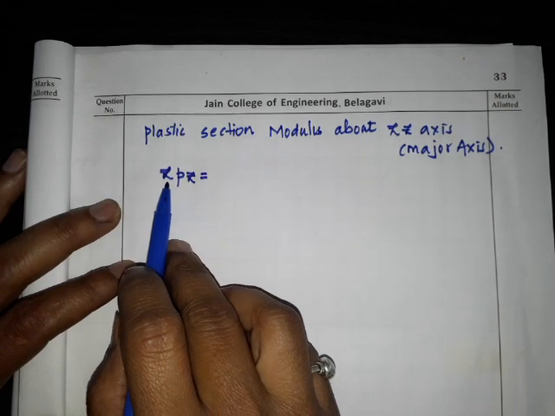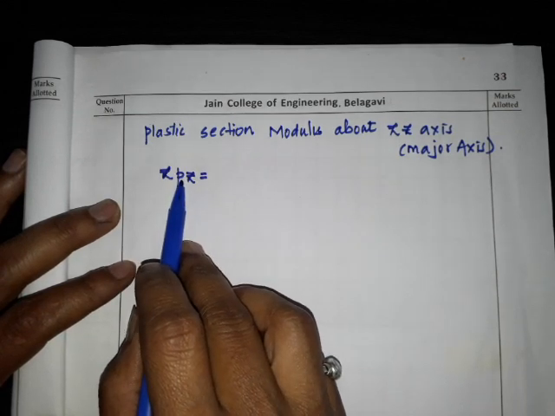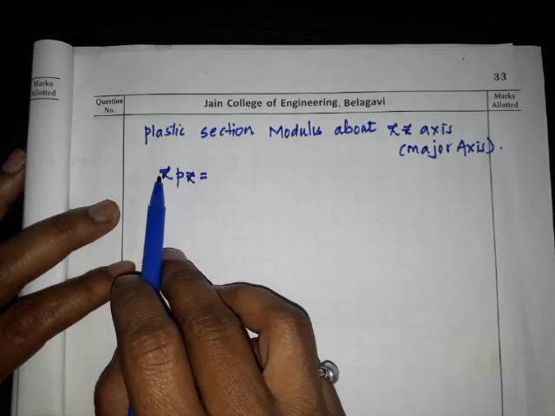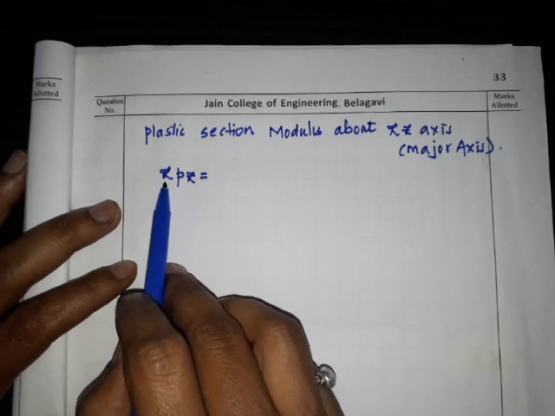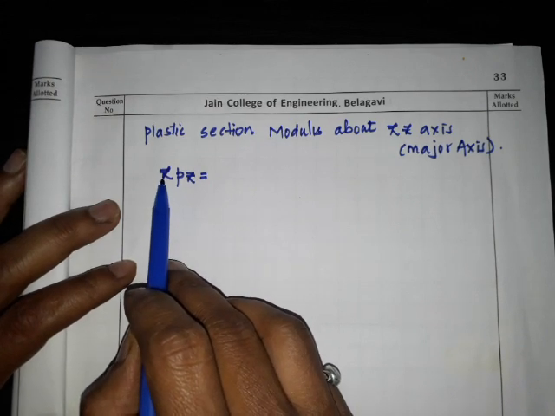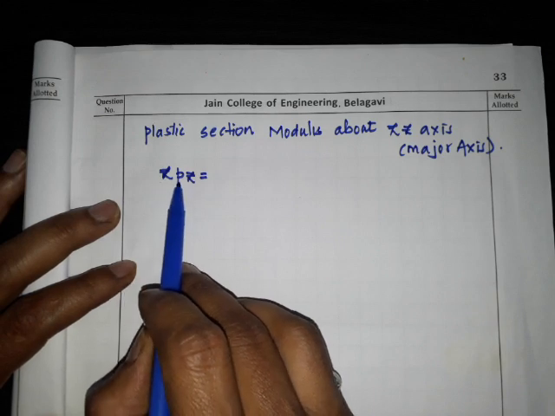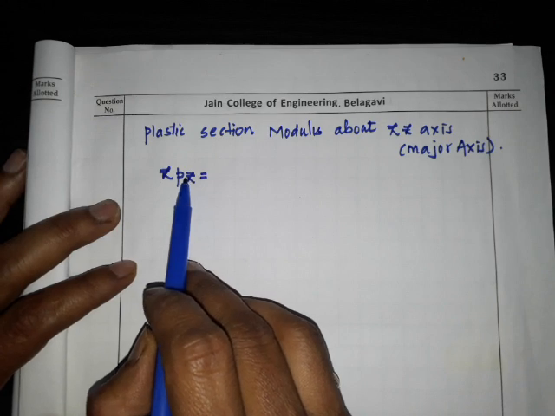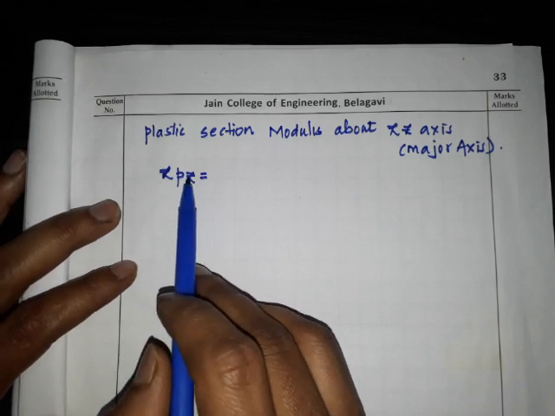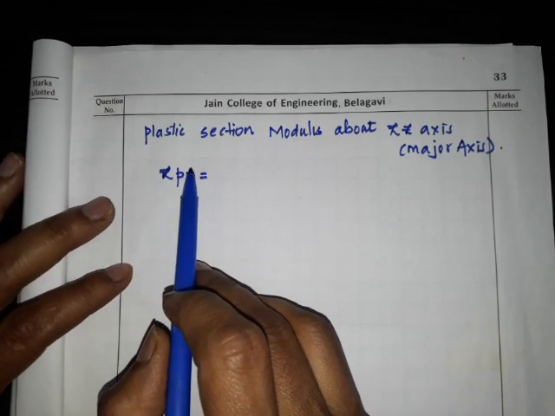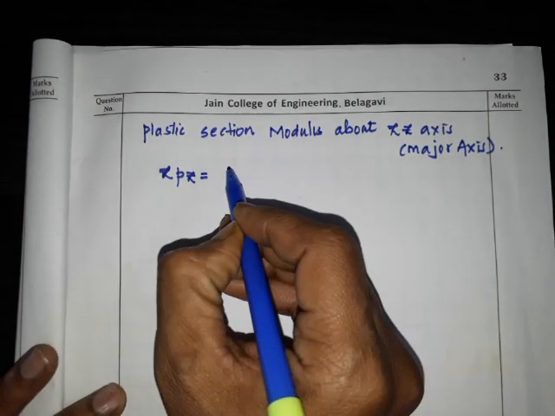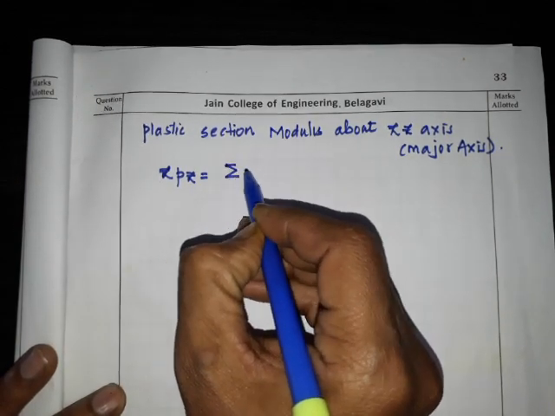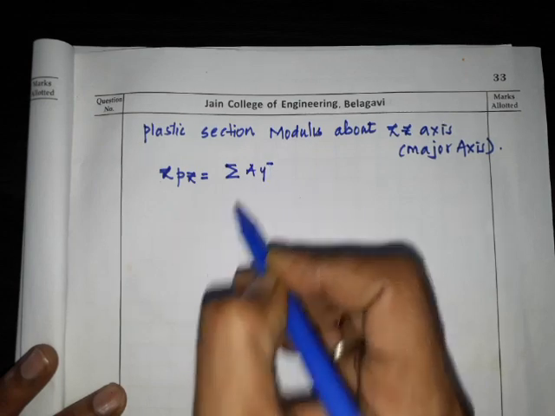Z stands for section modulus, P for plastic, and small z for about the ZZ axis. It is calculated by using summation of A y bar.